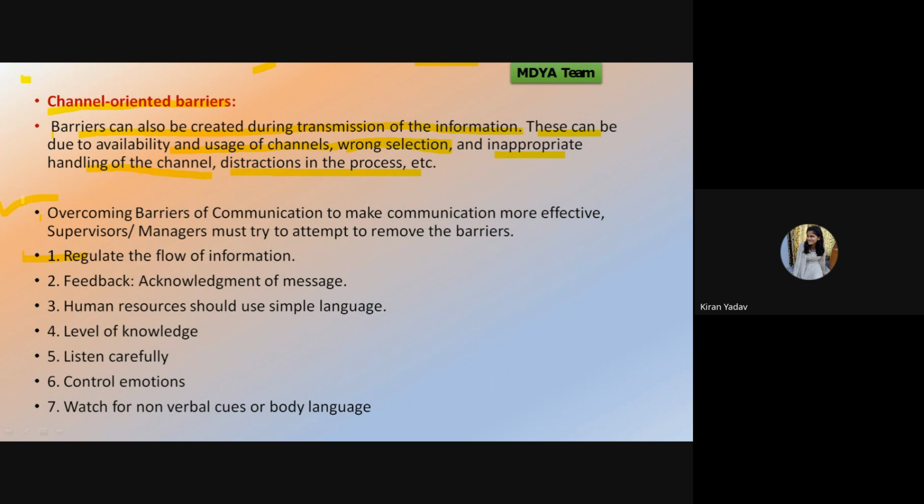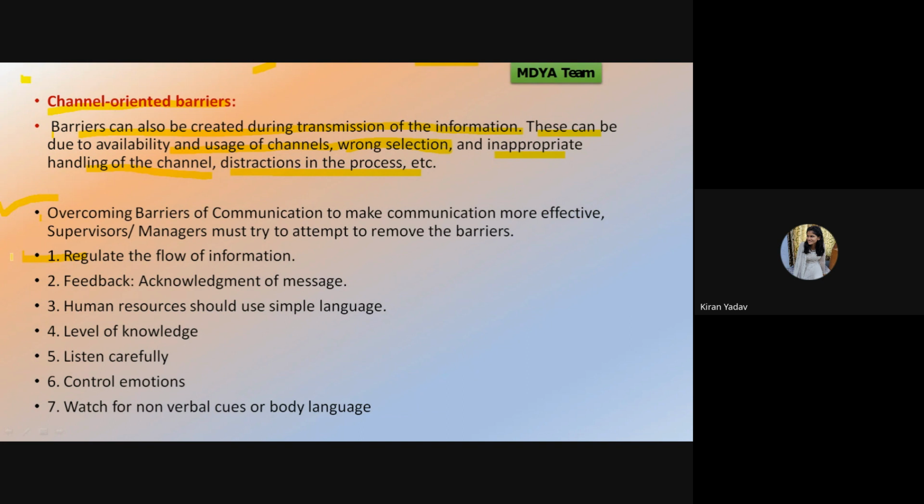For example, if I directly start teaching you about overcoming barriers of communication in the first class, without telling anything about the introduction or what we will study, it is not effective communication, and you won't be able to understand it, because first we study what communication is, its meaning, types, functions, and what the barriers of communication are.